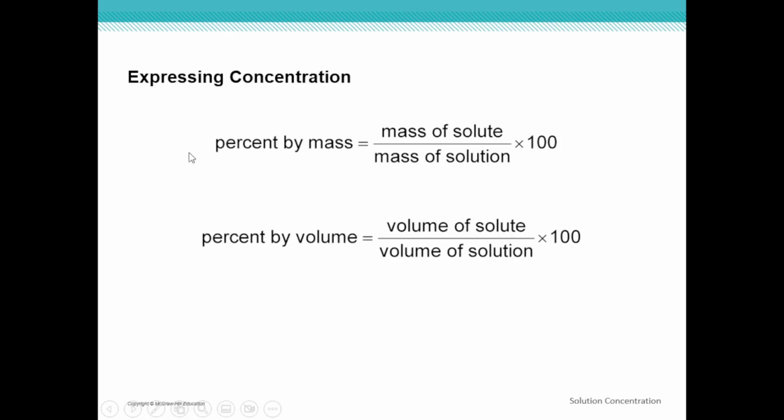That's only practical for things that are in the solid state or things that are in gels and creams. If you have something that is in the liquid state, so let's say I go to the drugstore and get a bottle of hydrogen peroxide or maybe rubbing alcohol, these are going to be expressed in percent by volume.